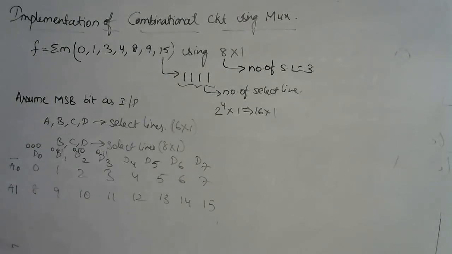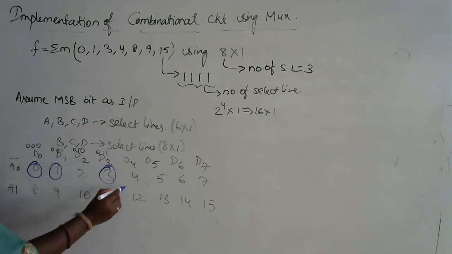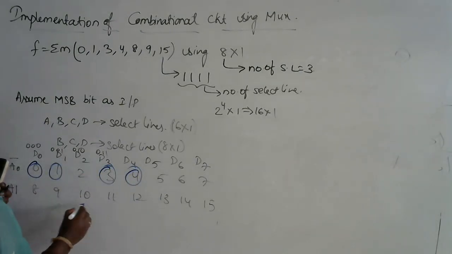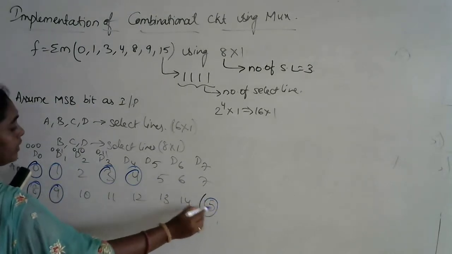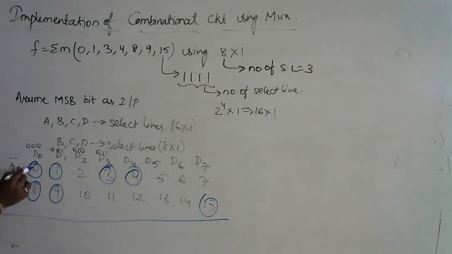So the numbers which are there in the question are 0, 1, 3, 4, 8, 9, 15. Now, if all of them are circled, it is 1. Here also all of them are circled, 1.